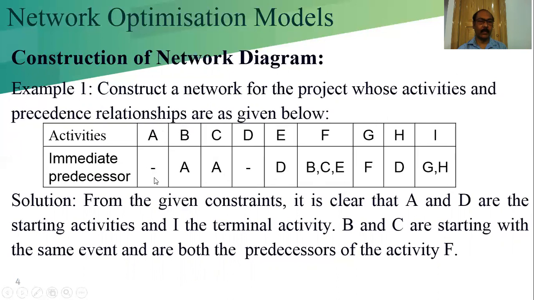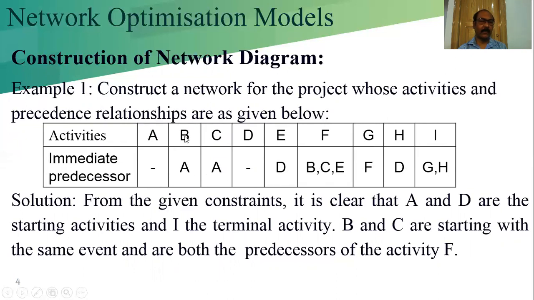When nothing is given, only a hyphen, that means they have no predecessor. They are the starting activities. That means A and D start from the start node. These two activities start from the start node.